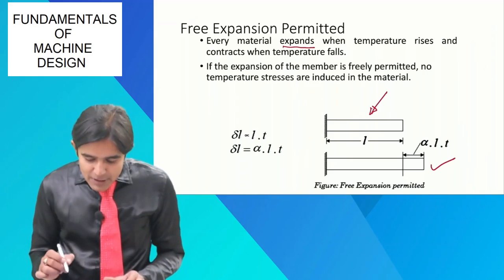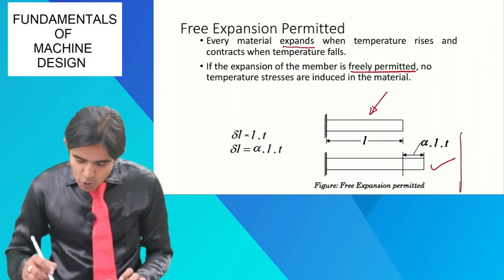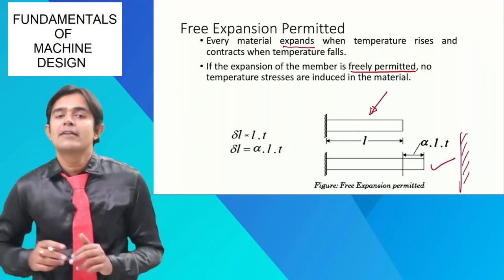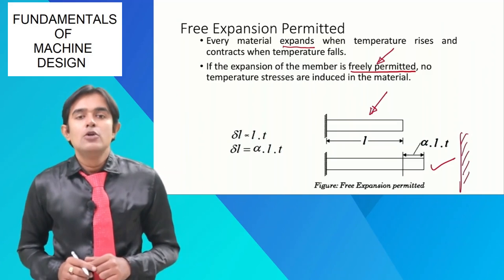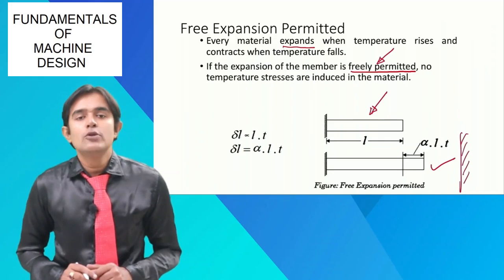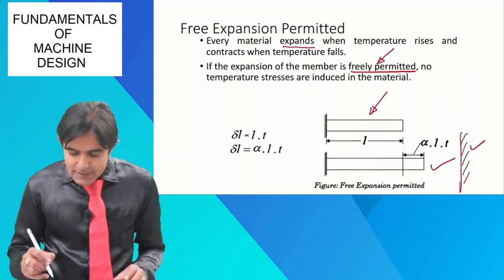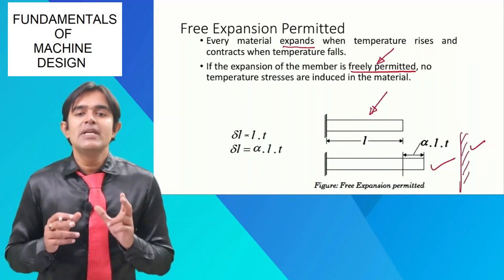If the expansion is freely permitted, you can see here there is no obstruction given. There is free permission for the bar to expand. So if the member is freely permitted, no temperature stresses are induced in the material. But if an obstruction like this is given over here, then some stresses will be introduced.